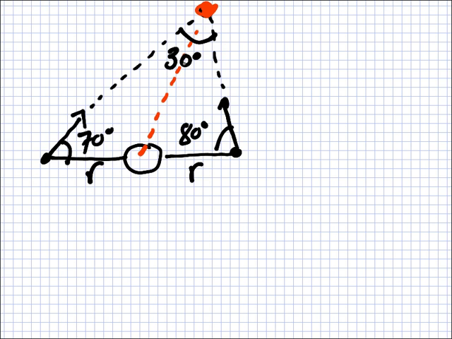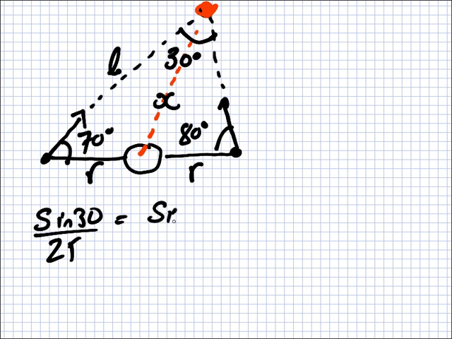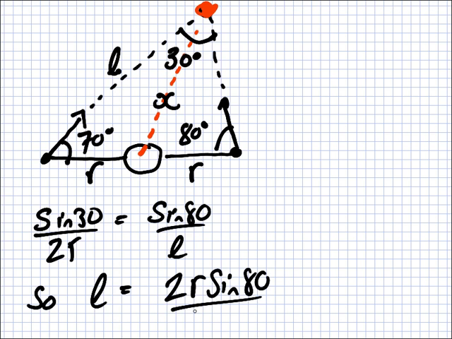So I think it would be useful maybe to get this length first, and then from that, get this length next. So if I use the sine rule, I could say sine 30 over twice the radius, which we know, is equal to sine 80 over L. So L would equal 2r sine 80 over sine 30, right?